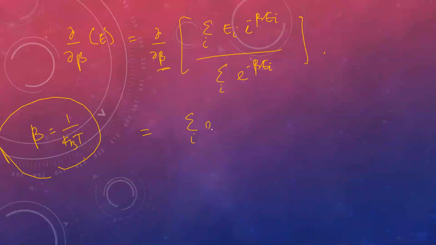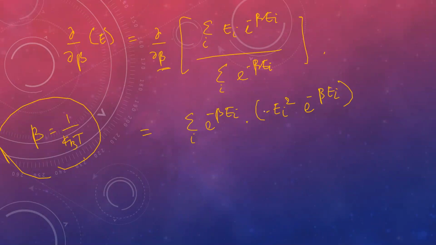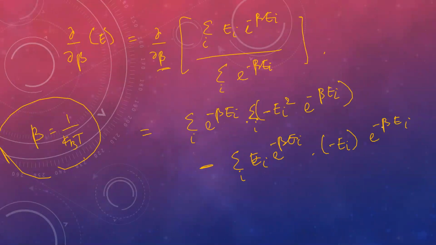So summation Ei into minus beta Ei into the derivative of this one, minus Ei square into e to the power minus beta Ei. Derivative you try to do yourself, don't copy. Minus summation Ei into e to the power minus beta Ei into the derivative of this one, that is minus Ei. Is that all right?